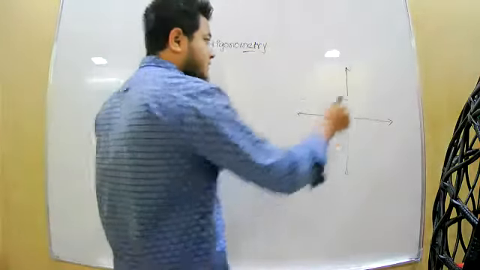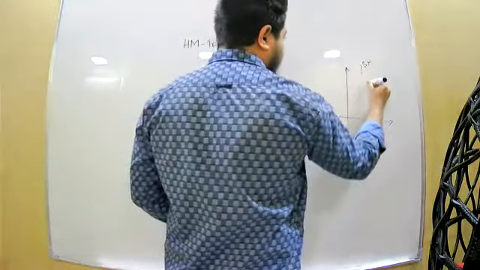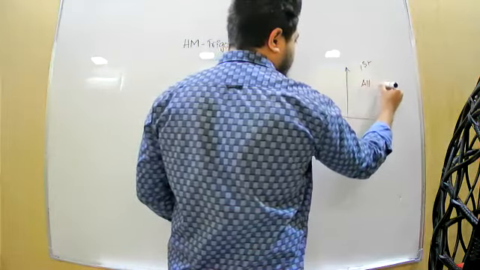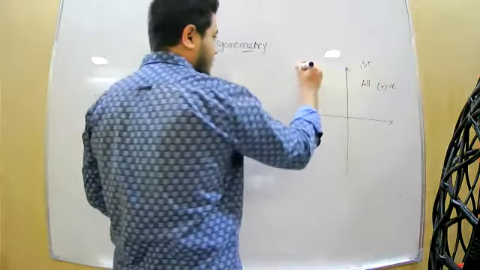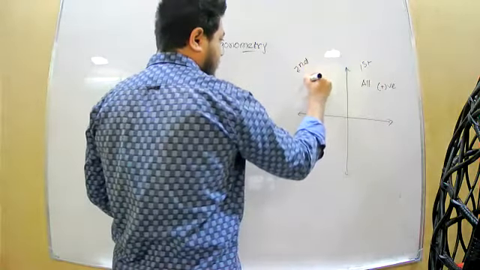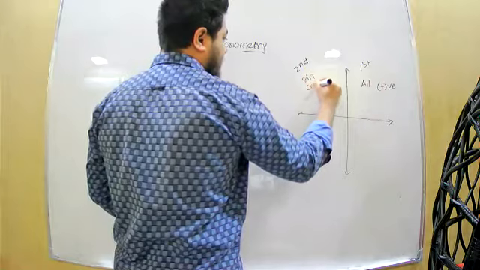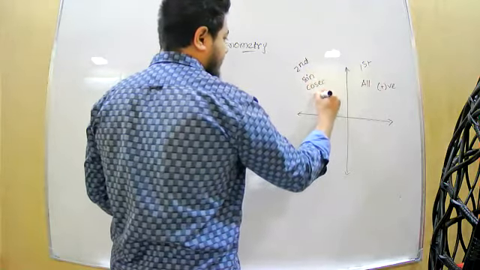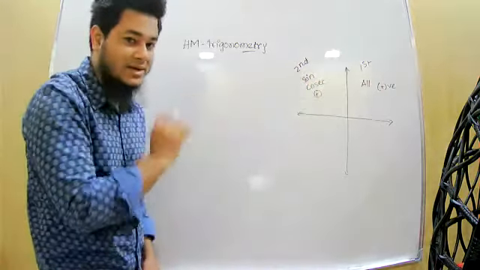Okay, this is the first quadrant. Here all positive, all are positive. In the second quadrant, only sine and cosec, they are positive, all the rest are negative.